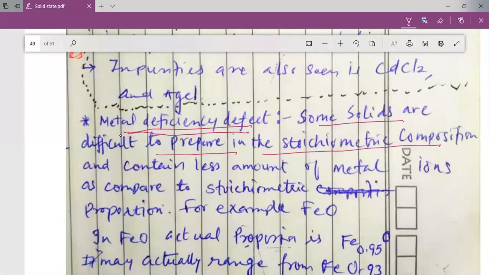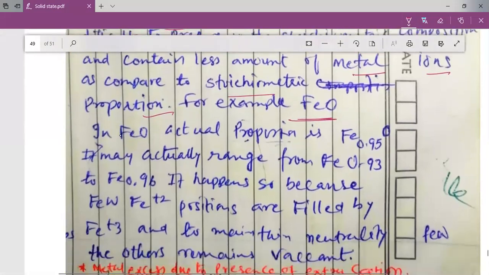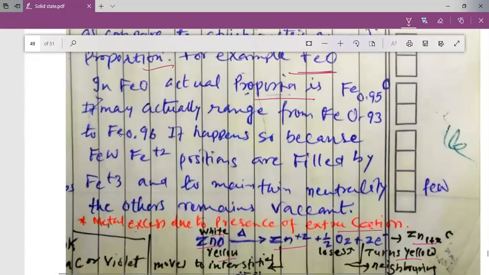Some solids are difficult to prepare in the stoichiometric composition and contain less amount of metal ions as compared to the stoichiometric proportion. For example, FeO. In FeO, the actual proportion is Fe0.95, and it may actually range from 0.93 to 0.96.